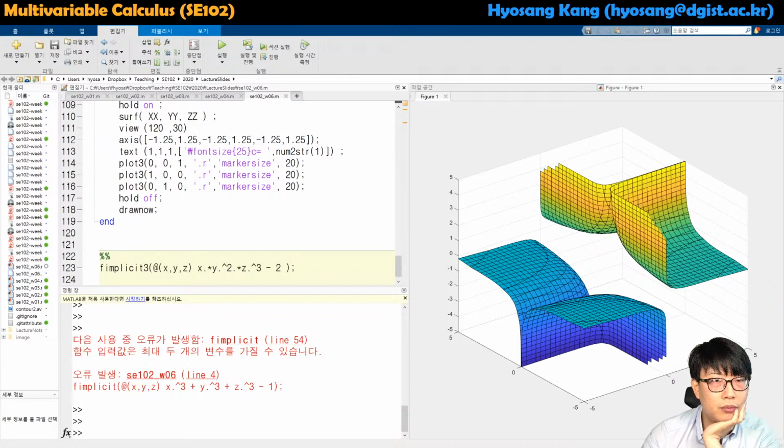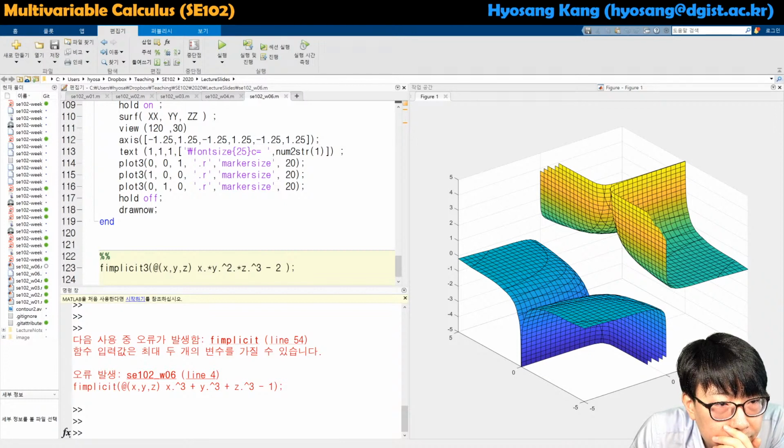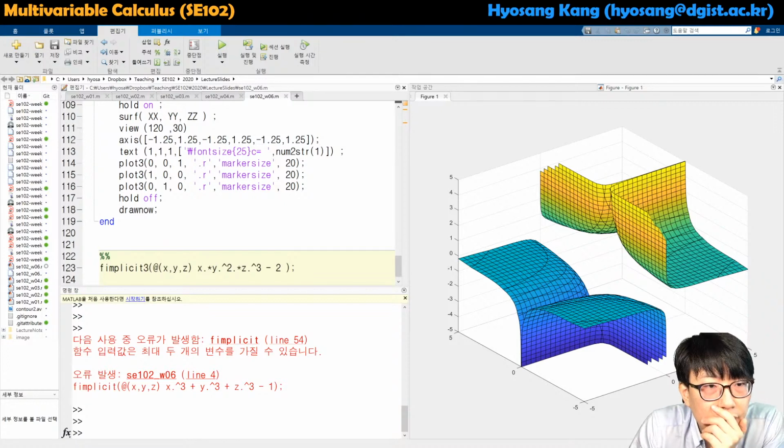So we have one. I'm searching for my code. So here we have... where did I put that? Wait.